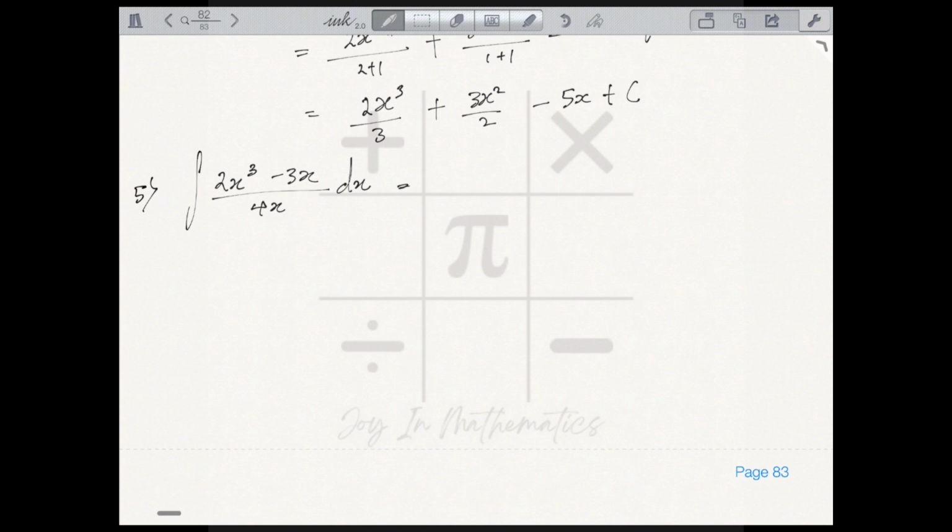So let's split the denominator accordingly, and thereafter we know that this will give us the integral of 1 over 2 x raised to power 2 minus 3 over 4 dx.